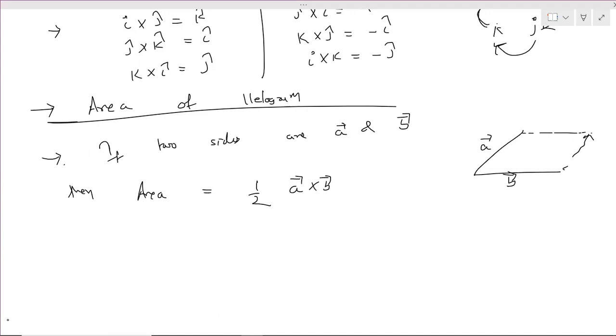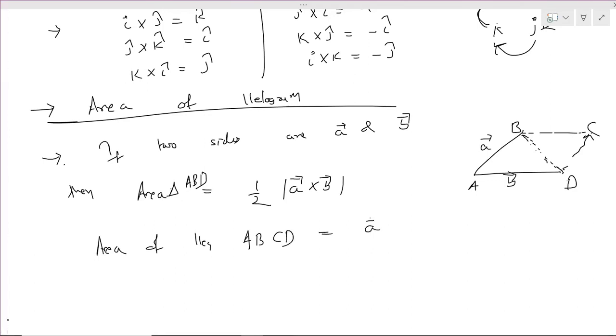All right, this is area of triangle. All right, area of parallelogram ABCD equals a cross b. Note down the formula. You do not have to know the derivation.